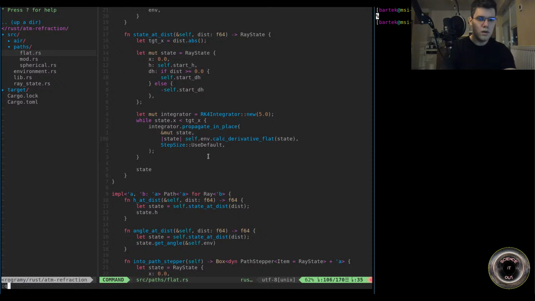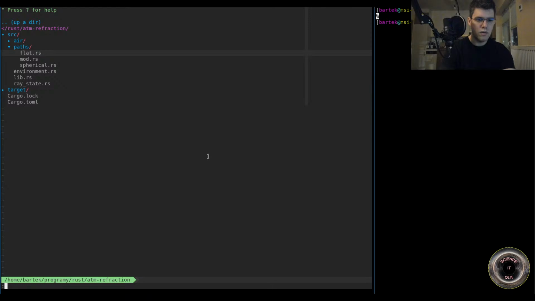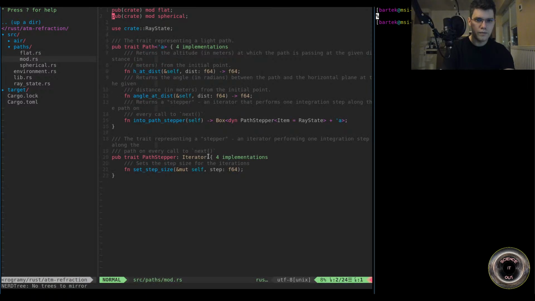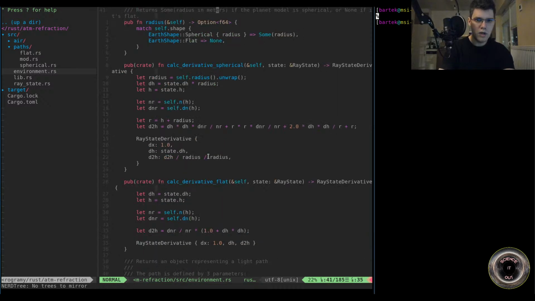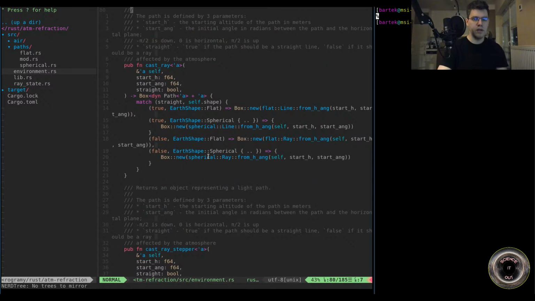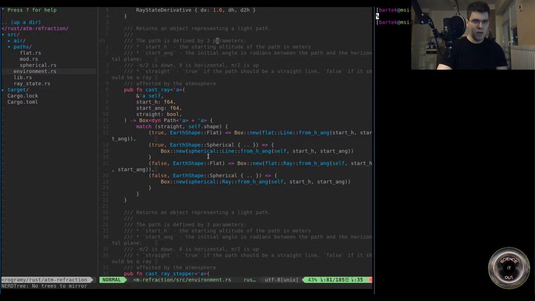So I'm trying to remember where, okay, there is this function called cast ray, which, depending on the shape that is assumed, either flat or spherical, chooses whether to use the spherical version of line or the flat version. So that's basically the code that's responsible for it.